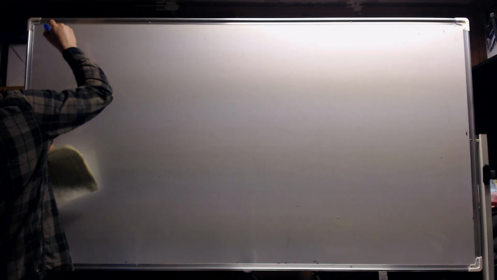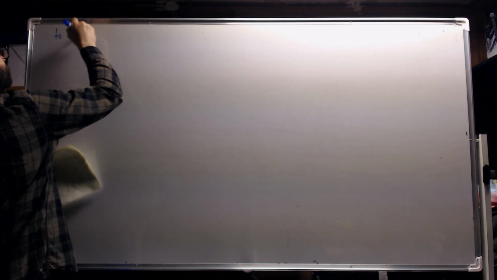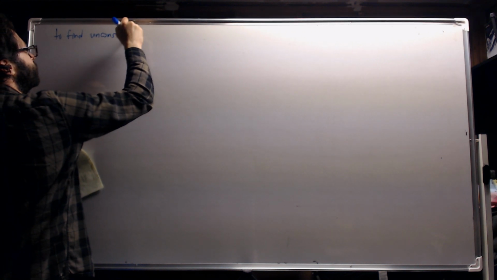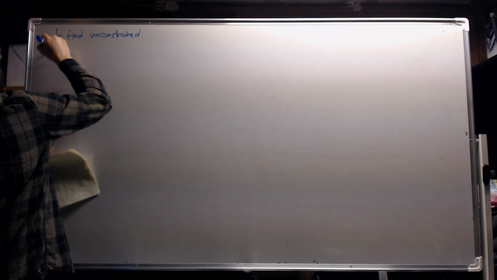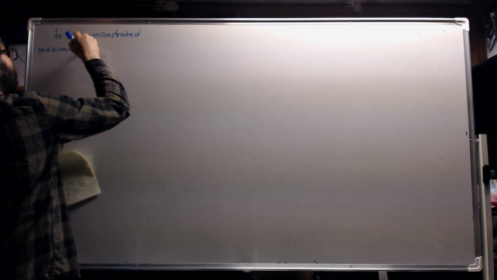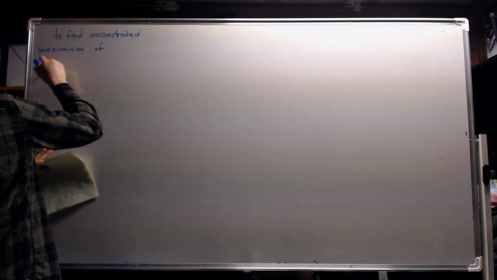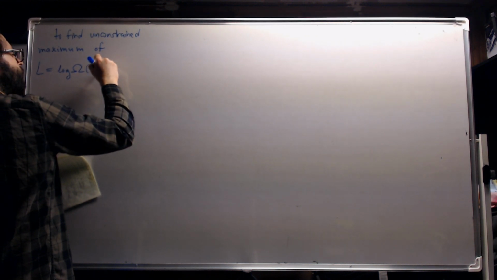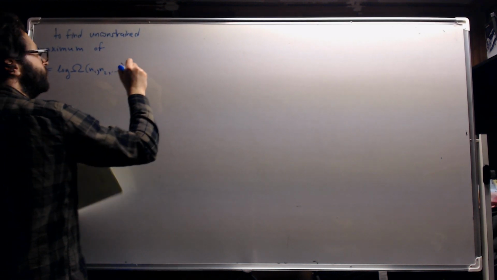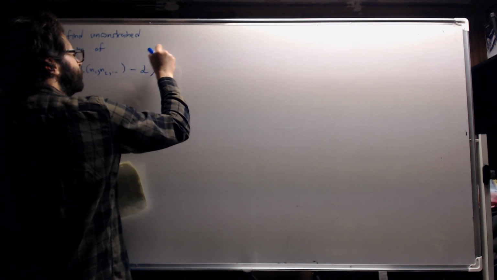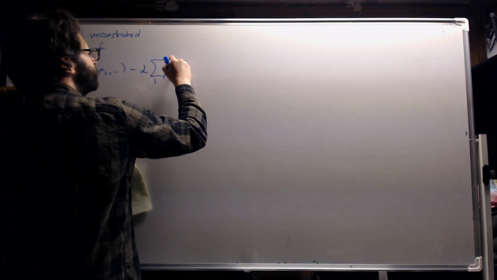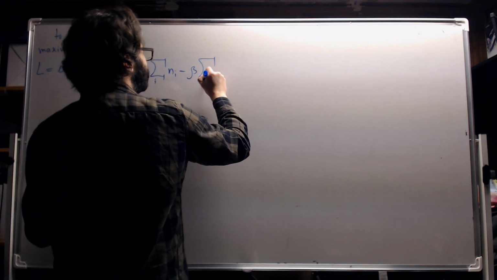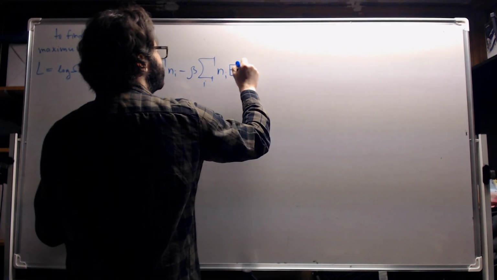And so to find the unconstrained maximum of this new function L, which is log omega of n1, n2, and so on, minus alpha sum over i of ni, minus beta sum over i of ni ei.